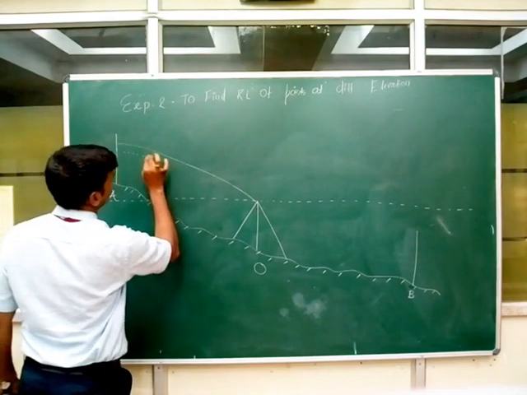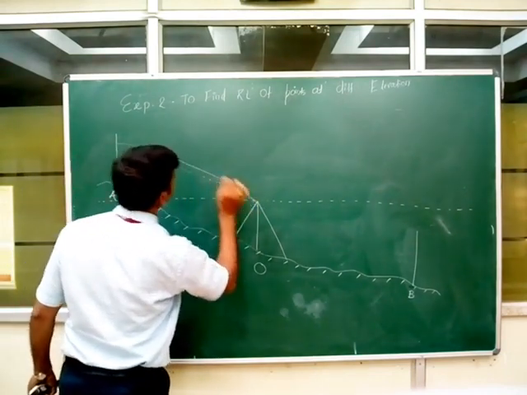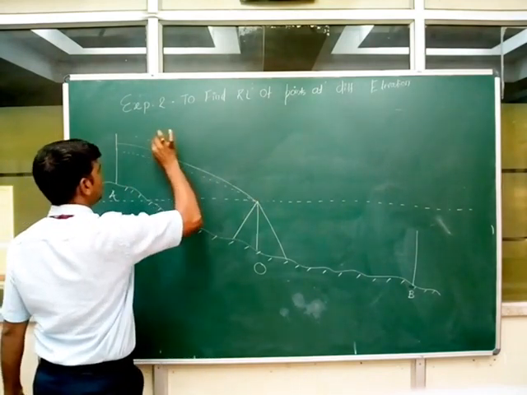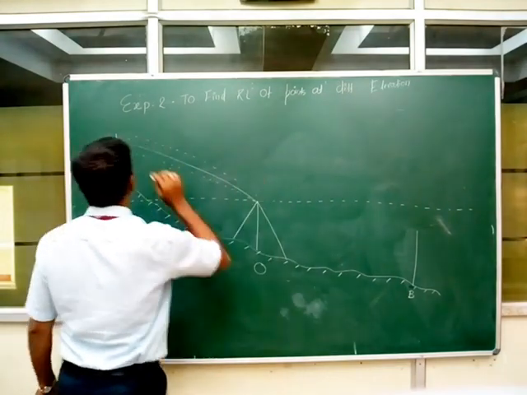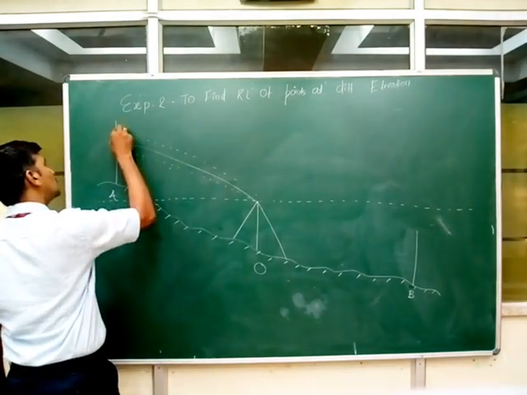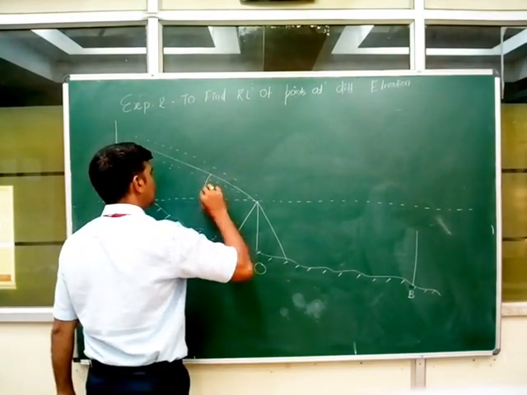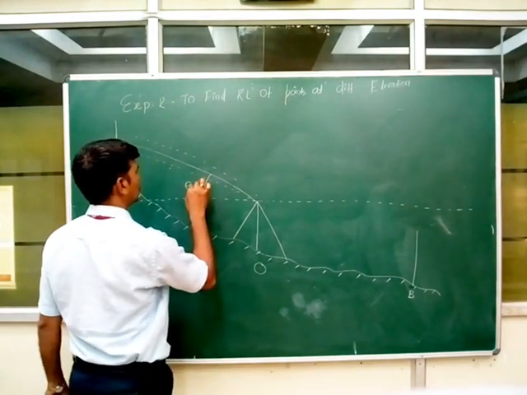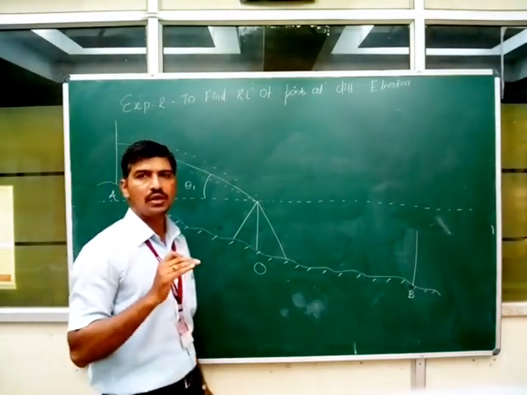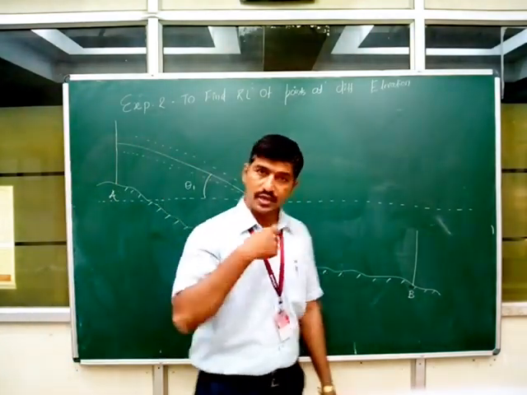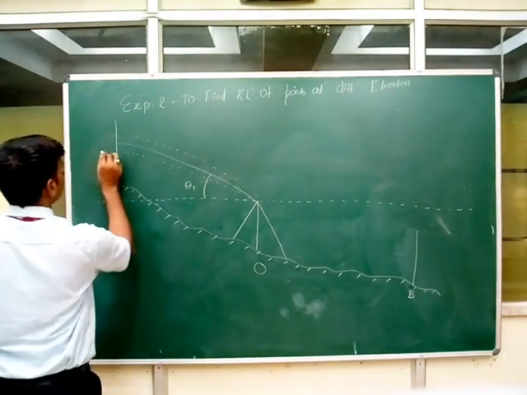Say this is the bottom crosshair line, and say this is the top crosshair. It will make an angle, say theta 1, which is nothing but the elevation angle.